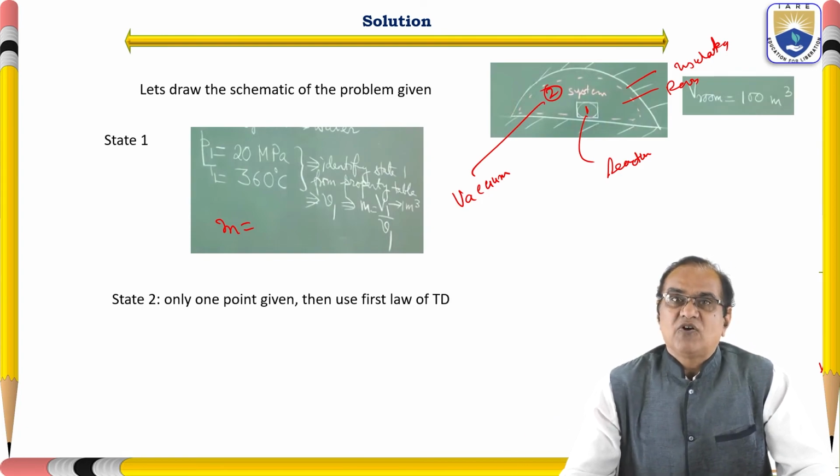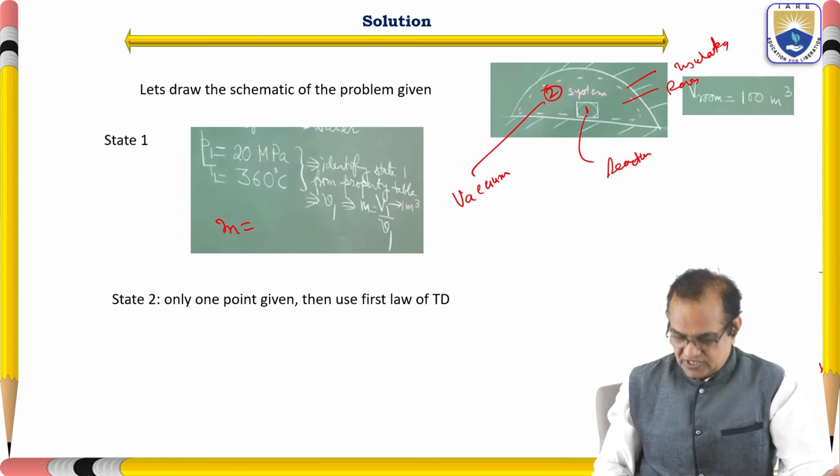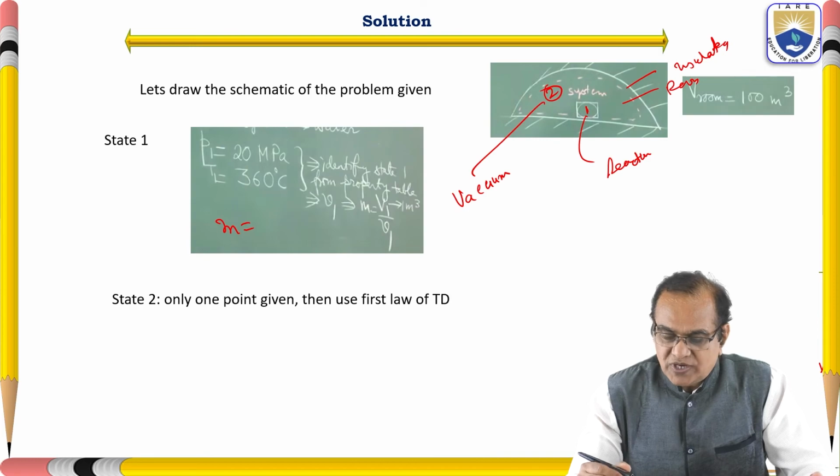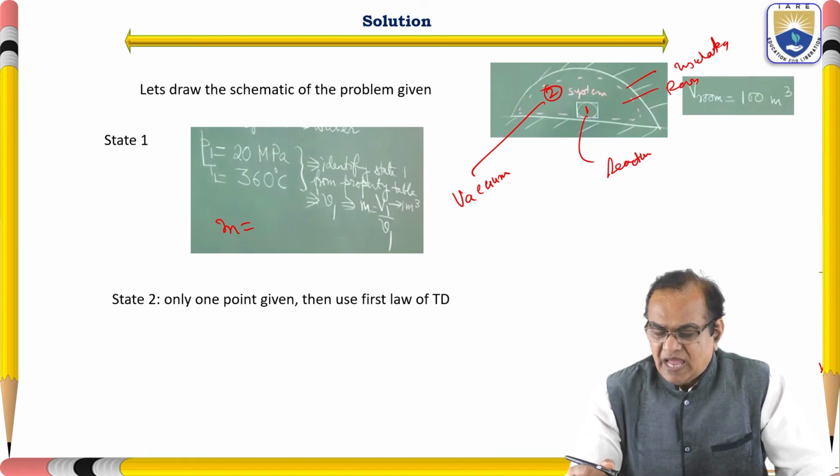Now we have to find out the state 2. Only one property is given, so first use the first law of thermodynamics. For the state 2, only one parameter is given.